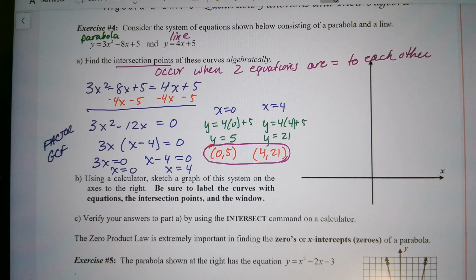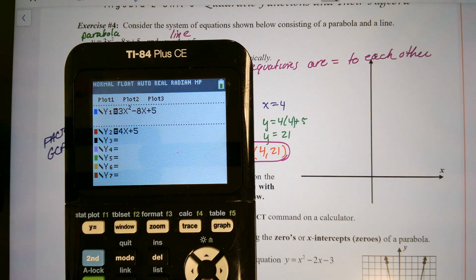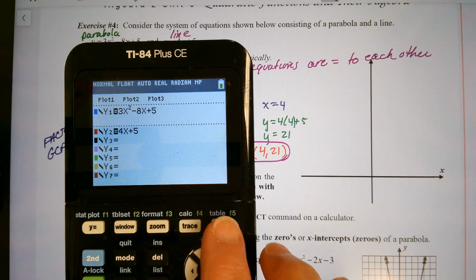Using a calculator, sketch a graph of this system on the axis to the right. Be sure to label the curves with the equations and the intersection points and the window. Okay, so we go to y equals, we put in our two equations. Now we press graph.